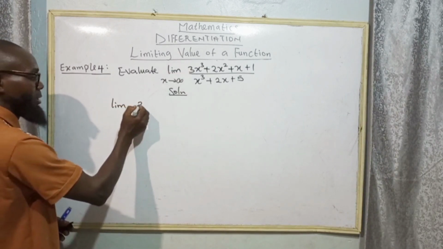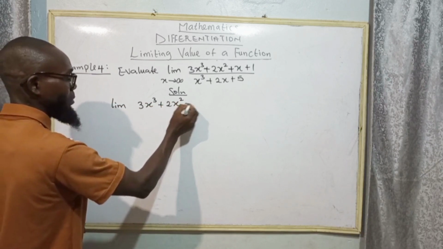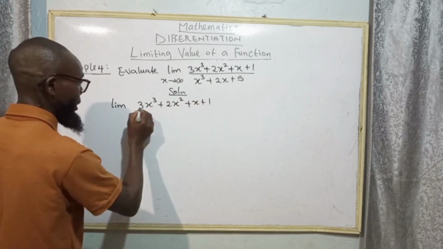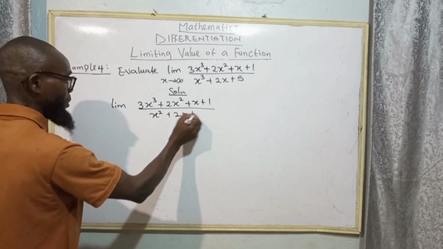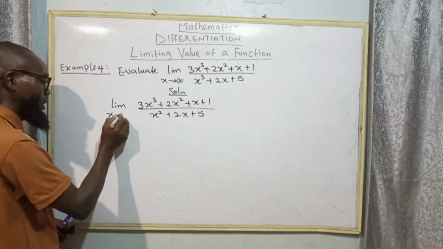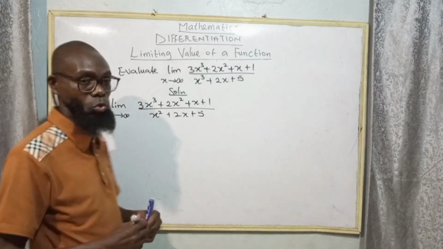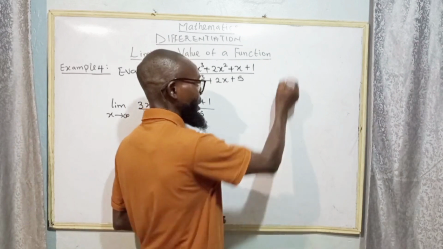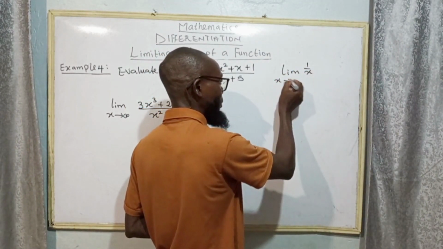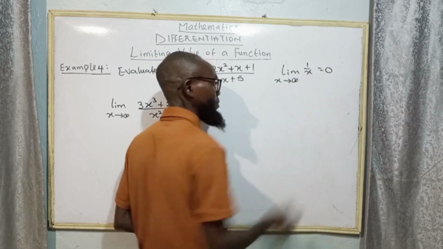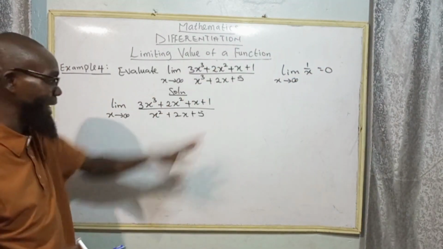Do not forget what I explained to you: you should note that the limit of 1 over x as x approaches infinity is equal to 0. So we want to look at the way we can achieve 1 over x in this.